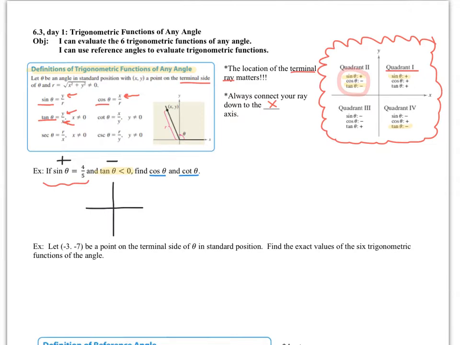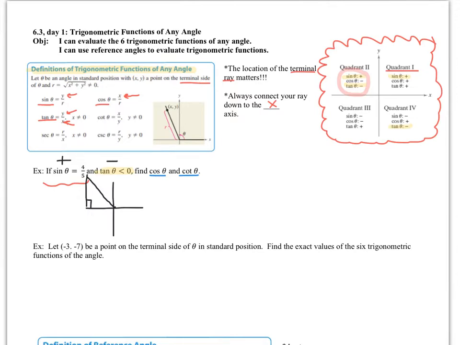Sine is 4/5, so I'm just going to take my R value and draw it somewhere in that quadrant. And then it says always connect your ray down to the x-axis. So I'm going to draw a segment straight down and create my right triangle.